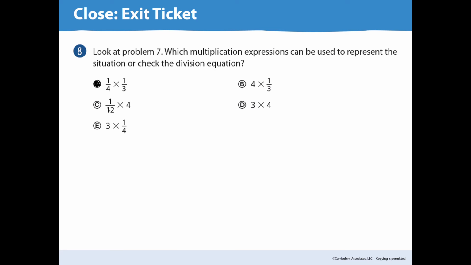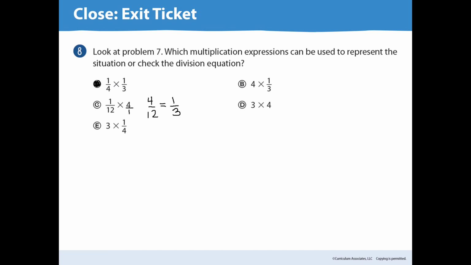Okay. 1/12 times 4. Let's see. If I make that into 4 over 1, that would be 4/12, which we can divide by 4 and divide by 4 and get 1/3.